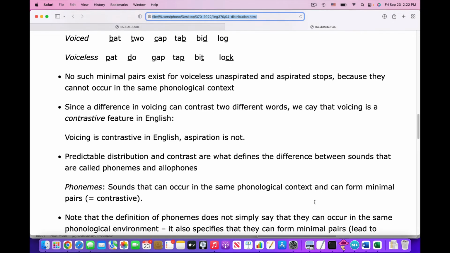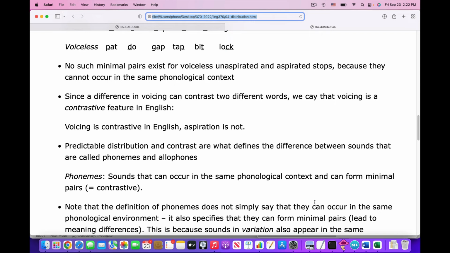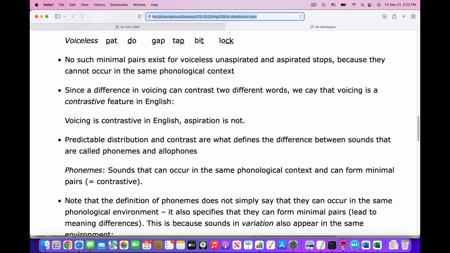Phonemes are two sounds that can occur in the same phonological context and can form minimal pairs. That is, that they're contrastive. Now, an important part of the definition that we haven't talked about yet is that they can form minimal pairs, right? And what that means is that they can lead to meaning difference.